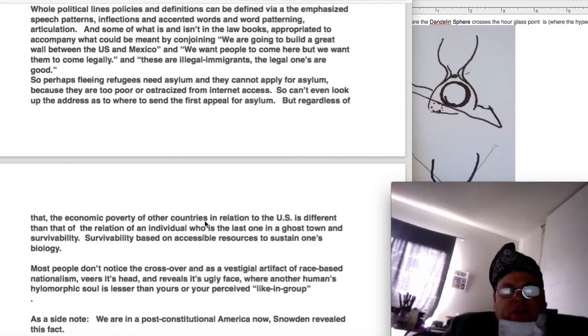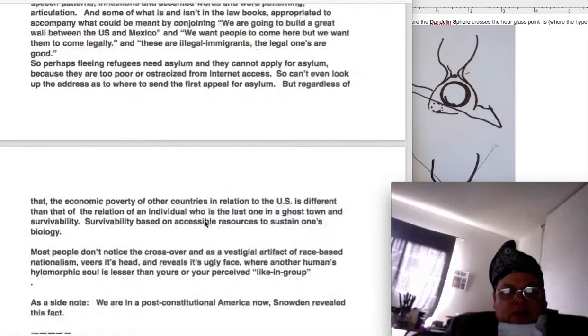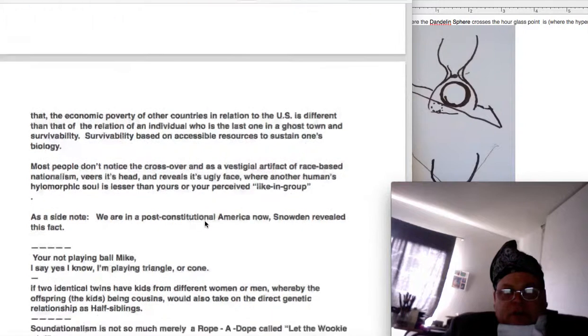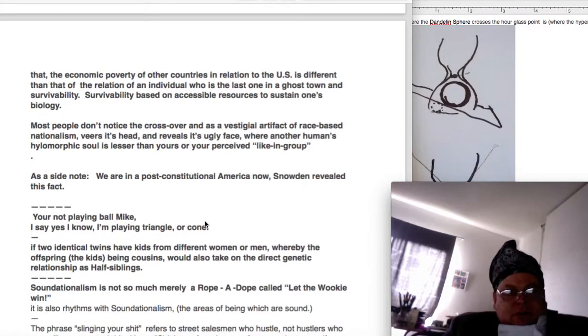So perhaps fleeing refugees need asylum, and they cannot apply for asylum because they are too poor or ostracized from internet access, so can't even look up the address as to where to send the first appeal for asylum. But regardless of that, the economic poverty of other countries in relation to the U.S. is different than that of the relation of an individual who is the last one in a ghost town, and survivability.